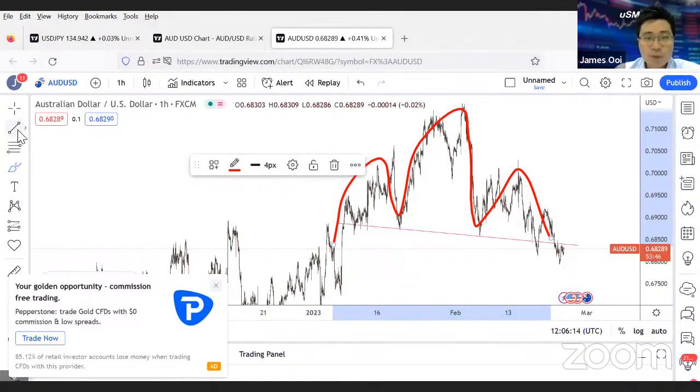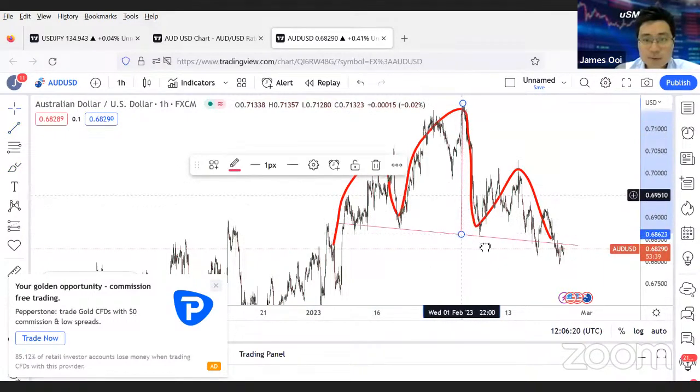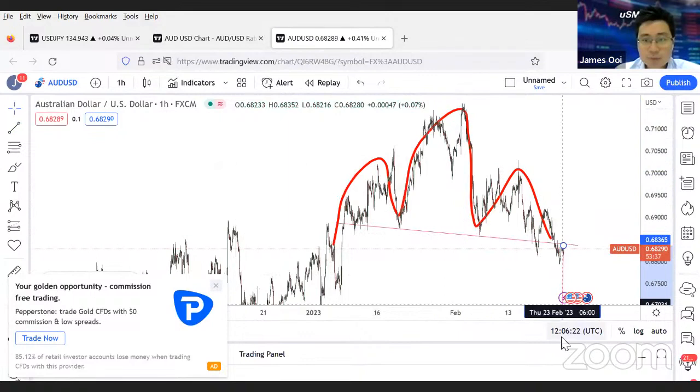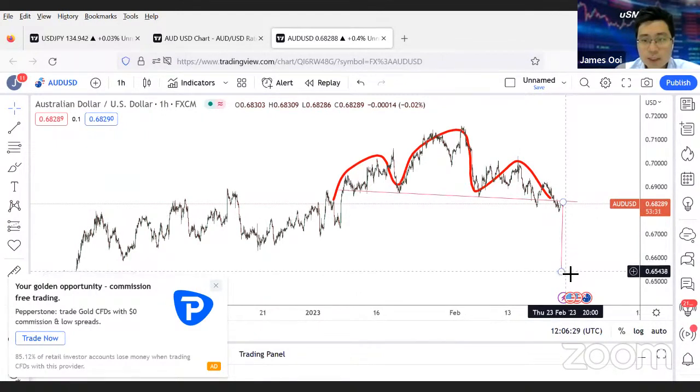So what you need to do here is put down the target price over here. Okay, and then it tells you that the target price is probably 0.65438.